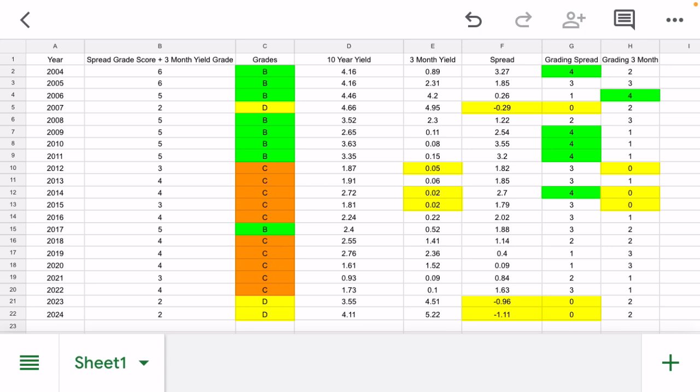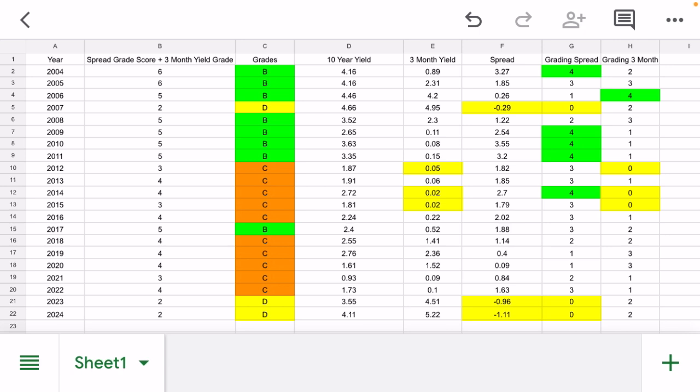So if you look at the spread in yellow, it's got negative 0.29, negative 0.96, and negative 1.11. So a negative spread's considered a bad thing, which is causing the grading of the spread to be 0, and you can see that in yellow as well under the G column.